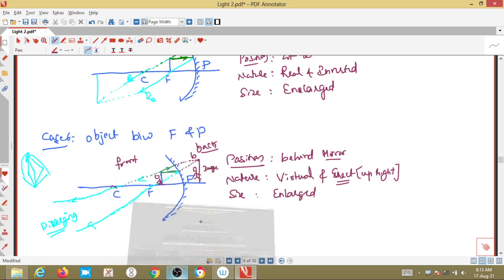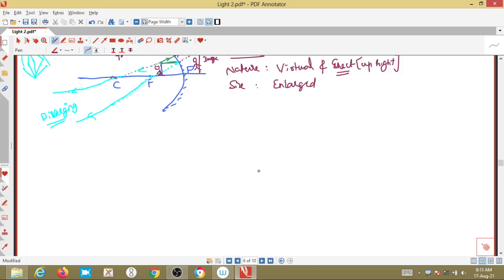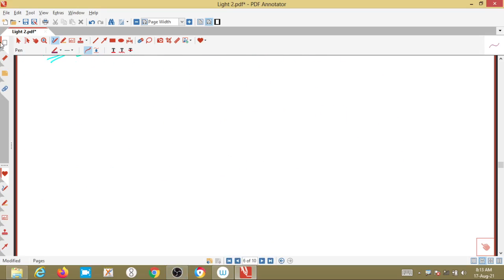Now we will see the image formation in case of convex mirrors. In the case of convex mirrors, you will get only two cases, and I'll tell you why only two.